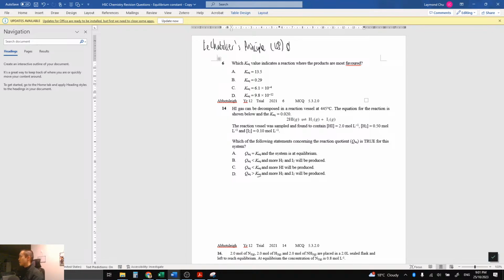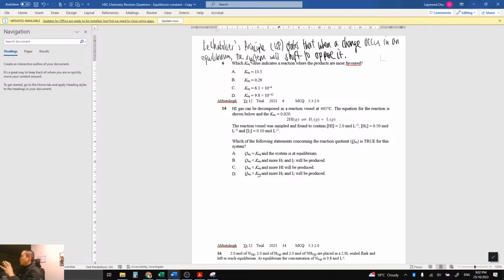It states that when a change occurs in an equilibrium, the system will shift to oppose it. Whether that's a concentration change, temperature change, or pressure change, you need to state your Le Chatelier's principle in your equilibrium response.